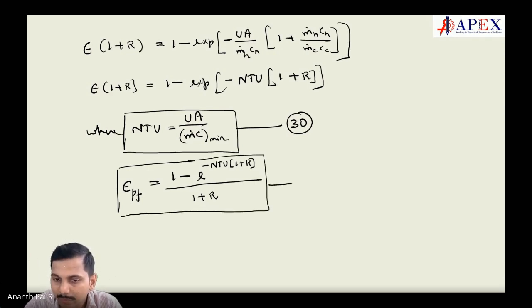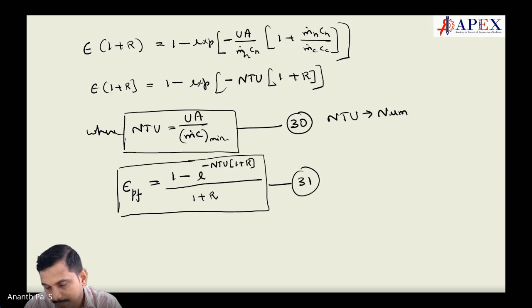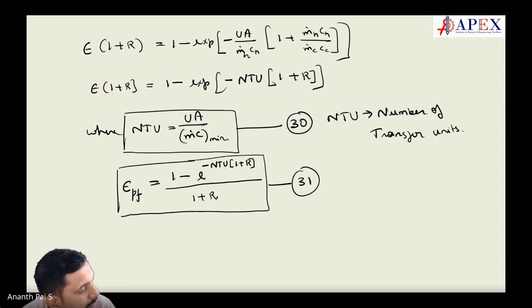This is 31. NTU means number of transfer units. What transfer? Heat transfer units. What is number of transfer units? It is UA, heat transfer coefficient into area, divided by m dot C minimum.